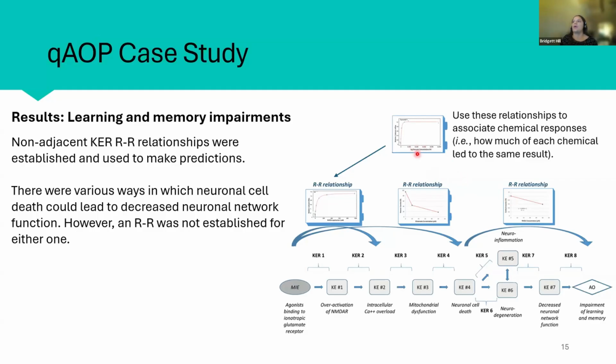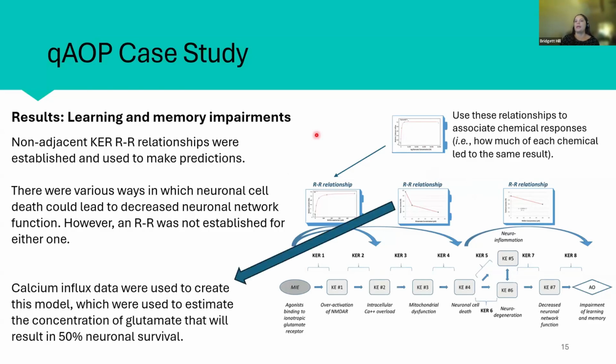So you could associate what concentration of this neurotoxicant was the equivalent concentration of this amino acid that caused a similar response, and then use that for your predictions later on in the AOP.